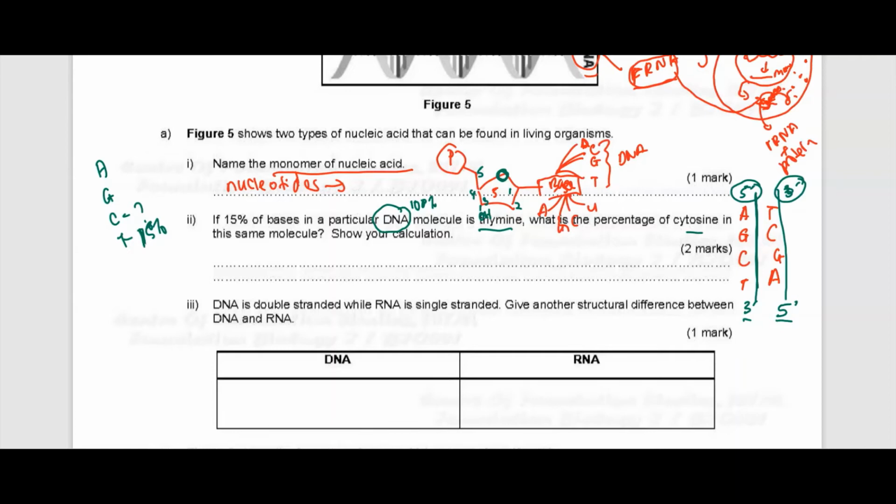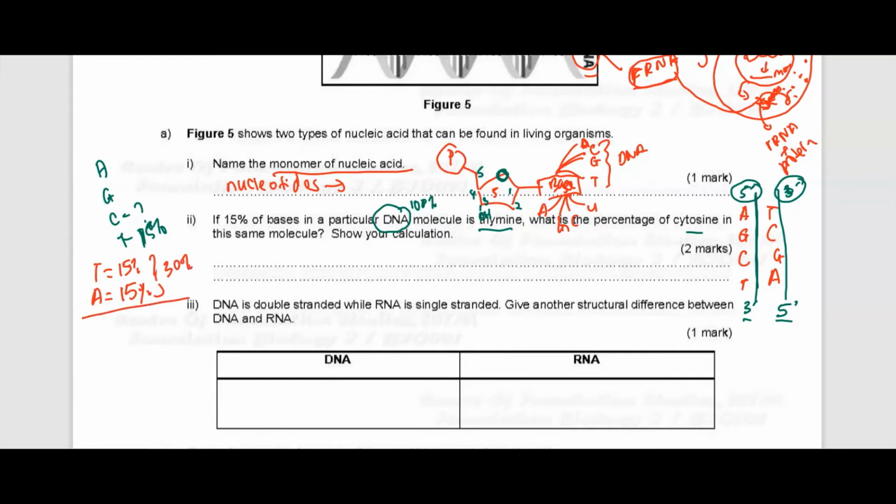So obviously if you have 15% thymine, the composition of adenine will also be 15%, because adenine pairs with thymine, so both will have the same percentage. So total for both adenine and thymine, it is 30%.